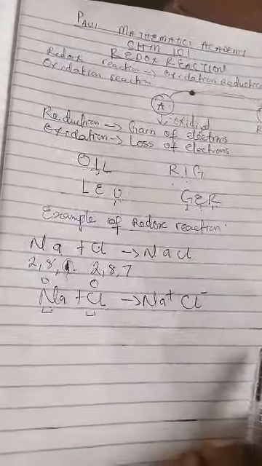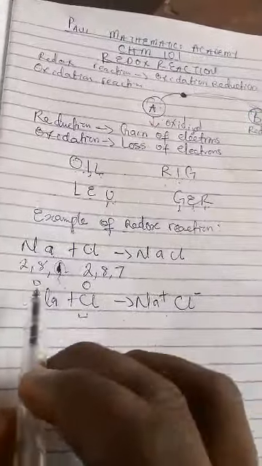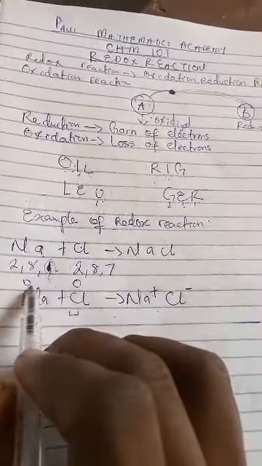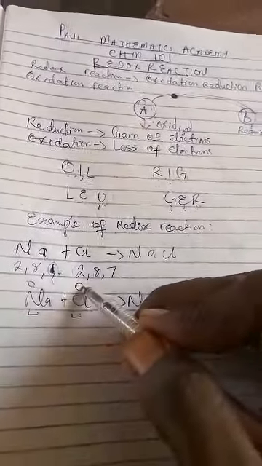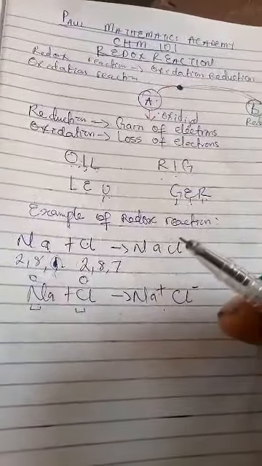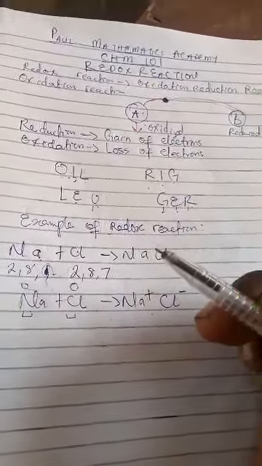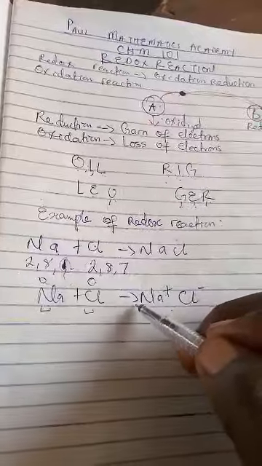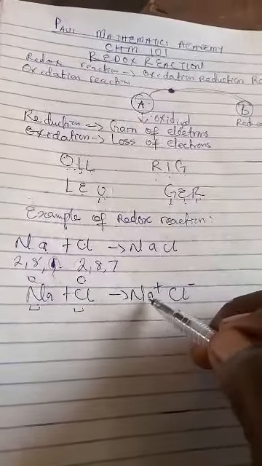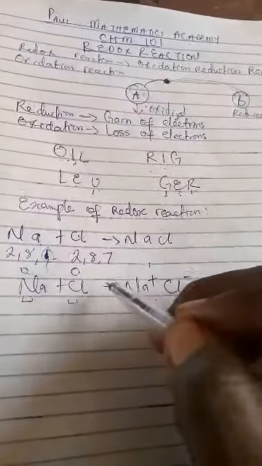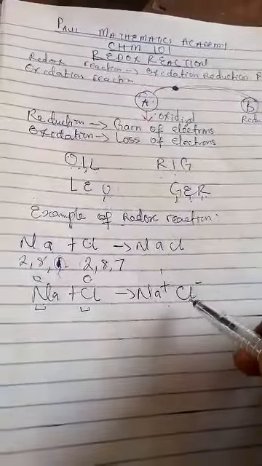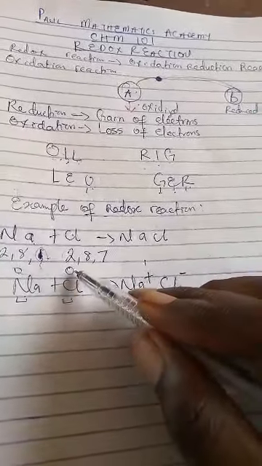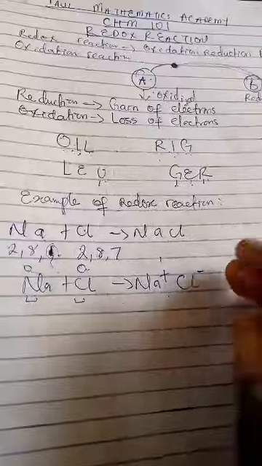That is, the oxidation number here is 0. The oxidation number here is 0. But after the reaction takes place, the oxidation number of sodium has increased to 1 from 0, while the oxidation number of chlorine has decreased from 0 to -1.